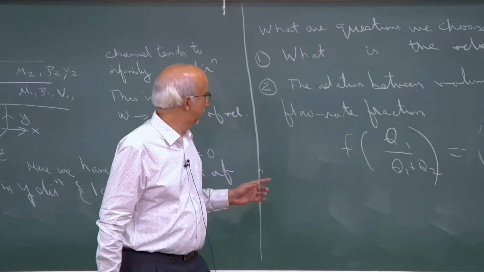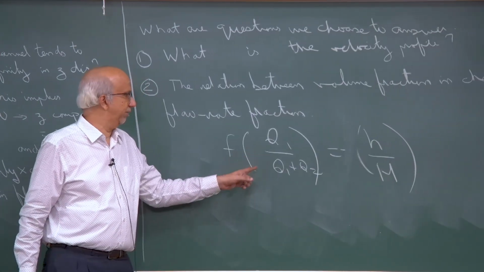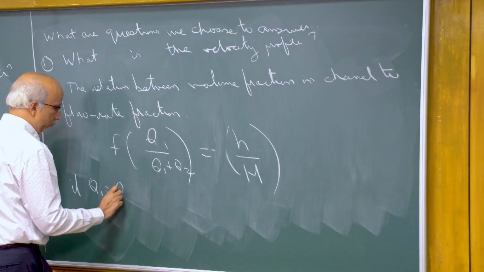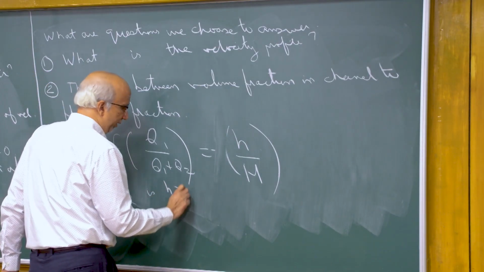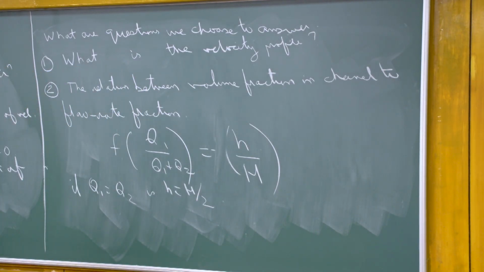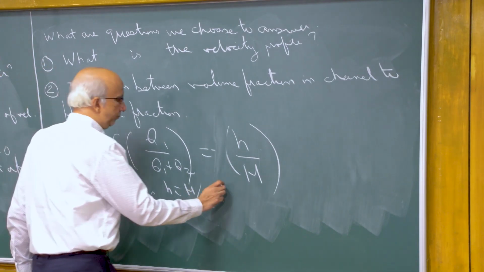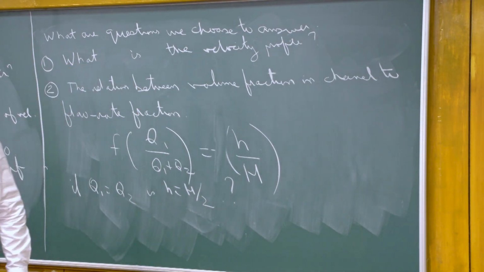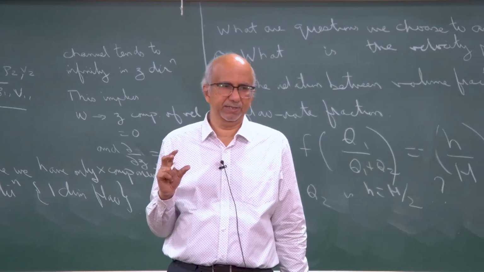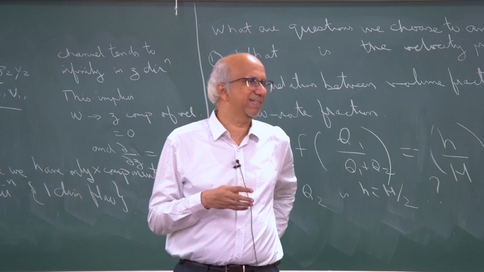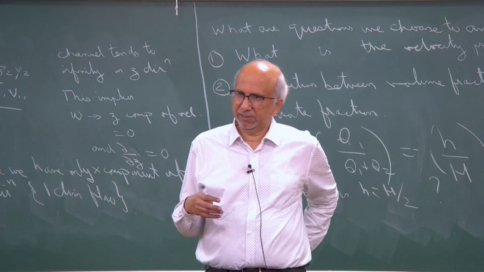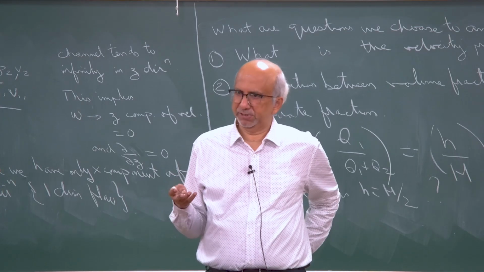So, if for example Q1 equals Q2, is small h going to be equal to H by 2? Because the volumes occupied by each phase are going to determine the residence time in the channel, and that will decide, if you are doing a reaction, whether it is going to be efficient or not.